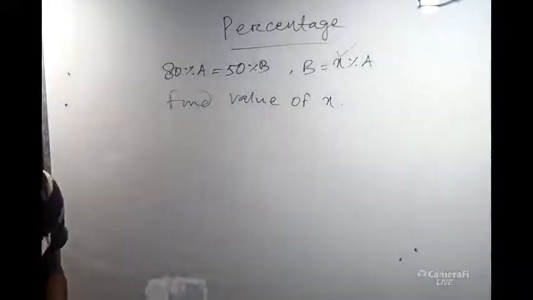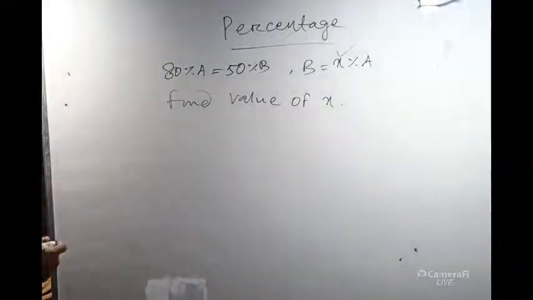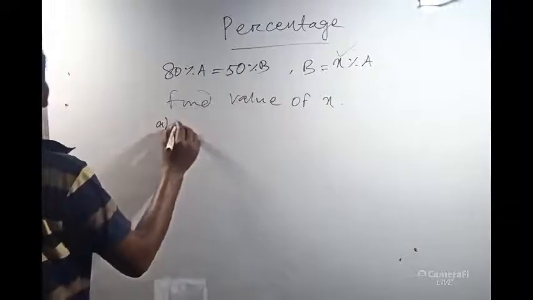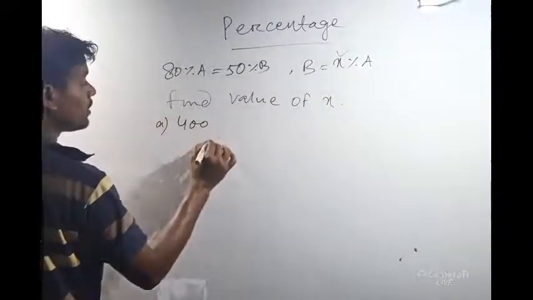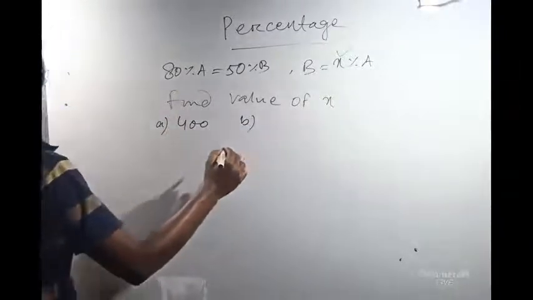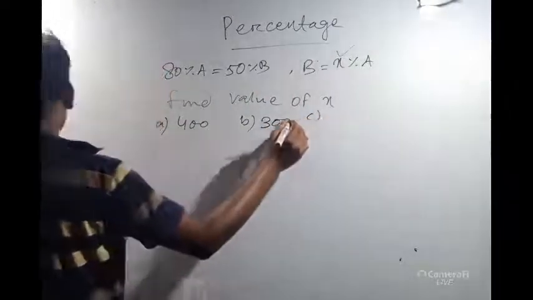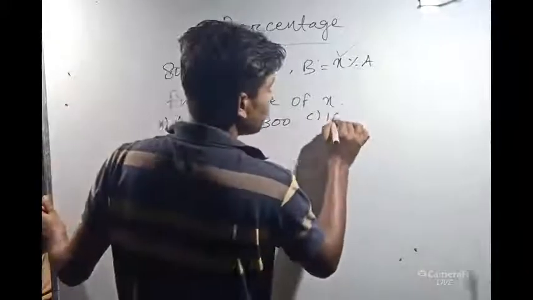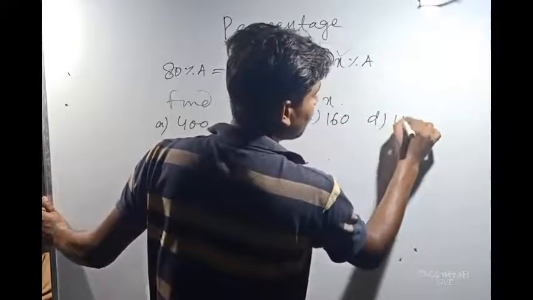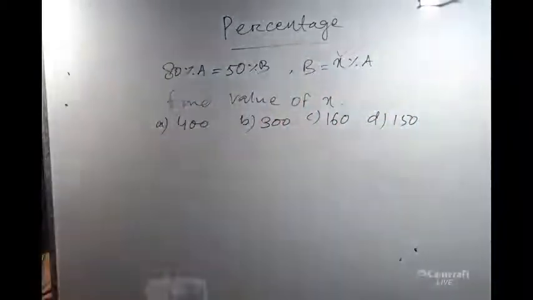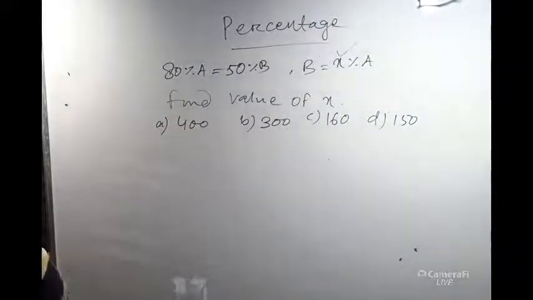Okay, options are A 400, B 300, C 160, and D 150. Comment me which one is the correct answer.